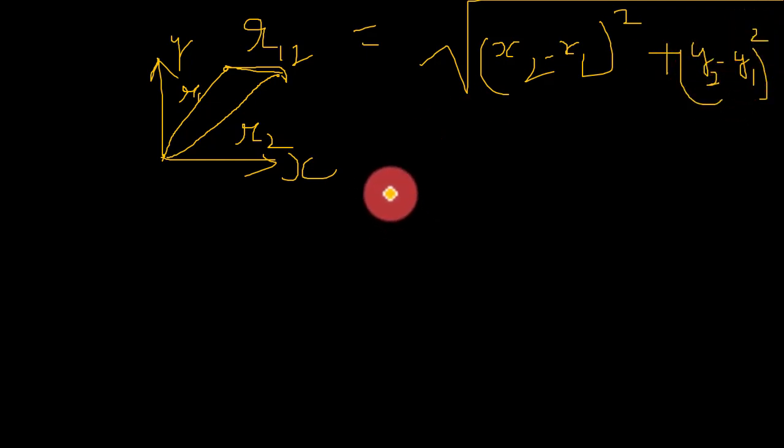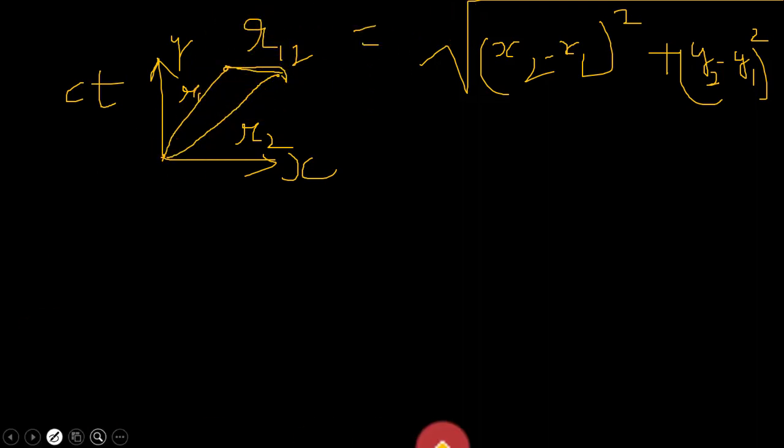Similarly, in Minkowski space, we have four mutually perpendicular axes: x, y, z, and the fourth is ct. So here also we take the components squared, add them, and take the square root. That will give you the displacement vector.